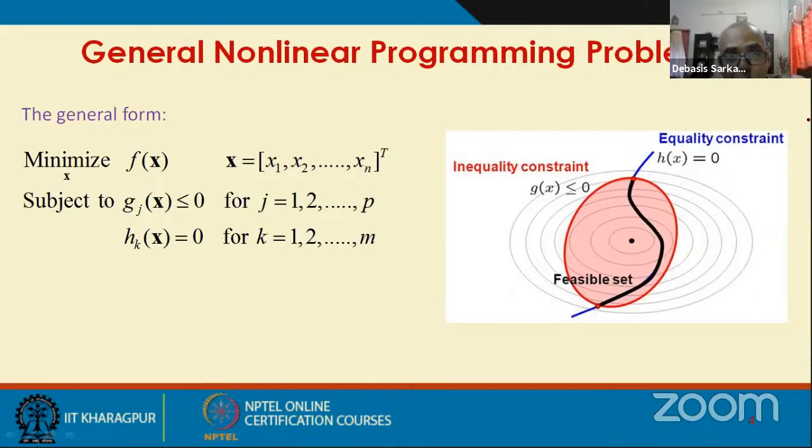Then we'll also talk about a problem where we need to take help of numerical methods for solving such KKT conditions. Typically, we'll use the fsolve function from MATLAB to solve a set of equations that come from optimality conditions to obtain the KKT points or the candidate minimum points.